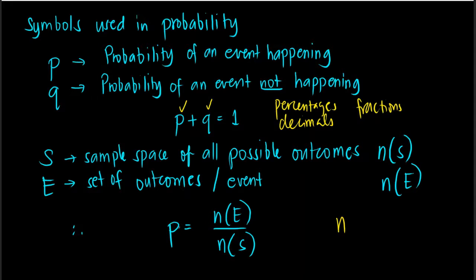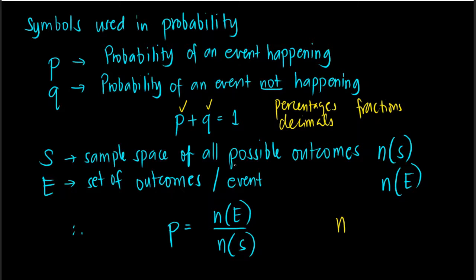Lowercase p, or probability, is equal to the number of events over the number of possible outcomes. In other words, the number of events that you want to happen over the number of possible outcomes.